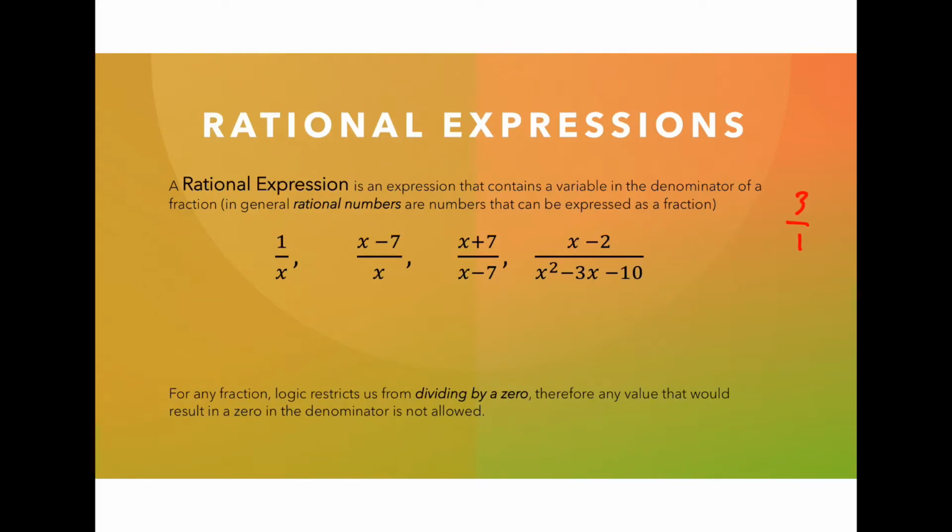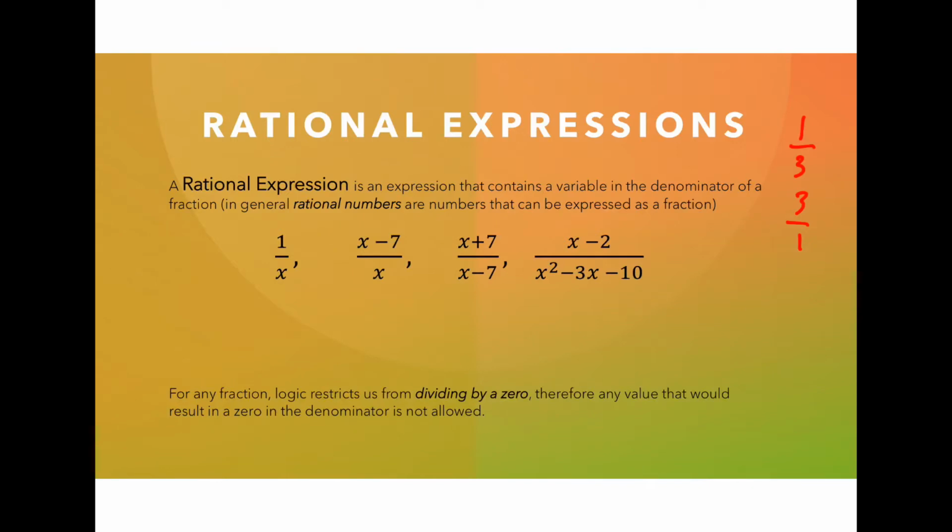So the whole number 3 can be expressed as a fraction. So 3 falls into the rational category as well as 1/3. Okay. So in general, we call them rational expressions just because there's a whole set of numbers that are called rational.